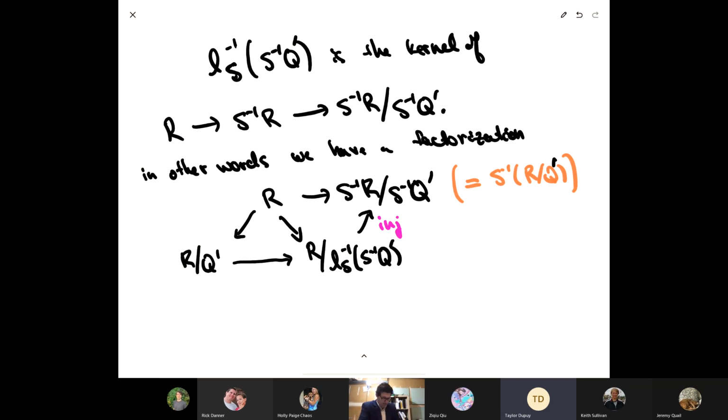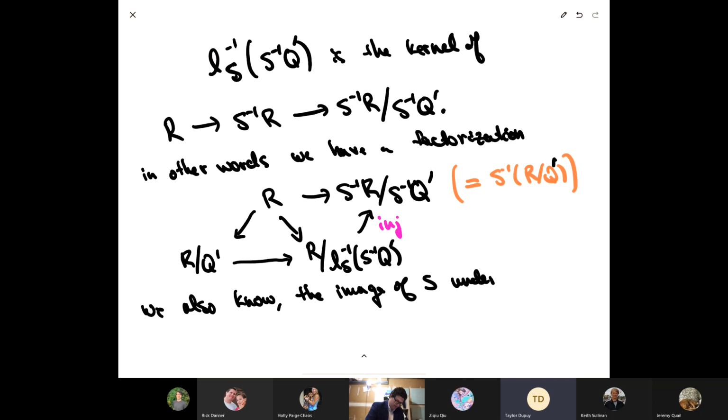And we also know that the image of S under this map, let's call it sigma, is invertible.